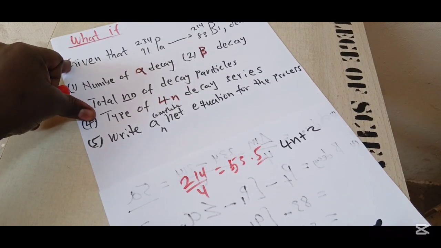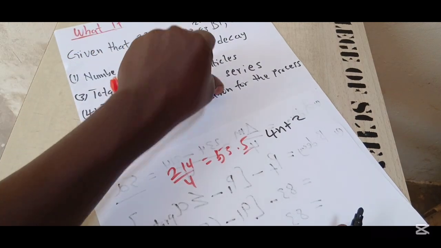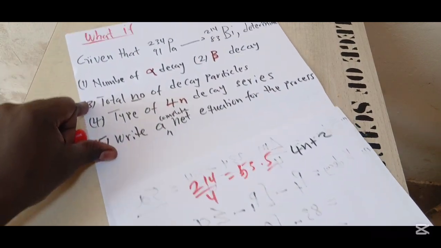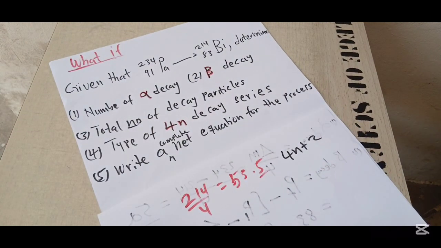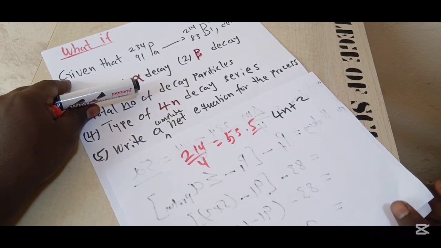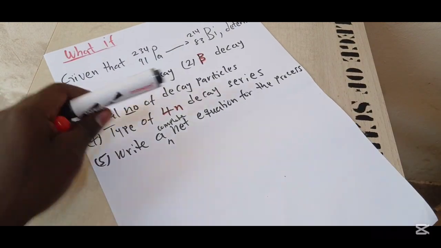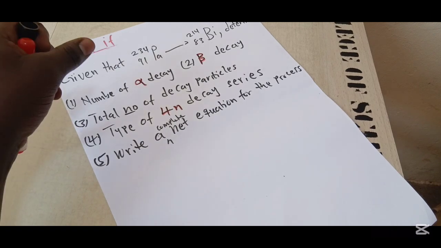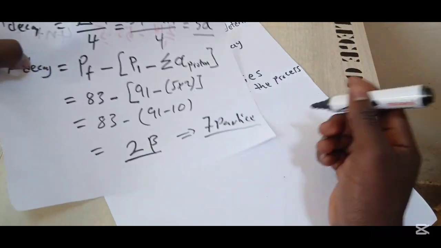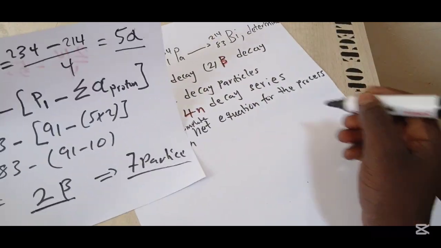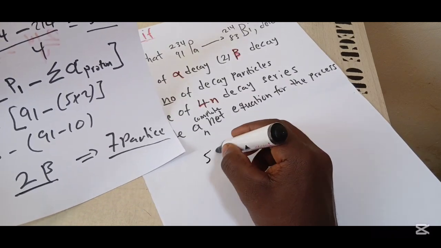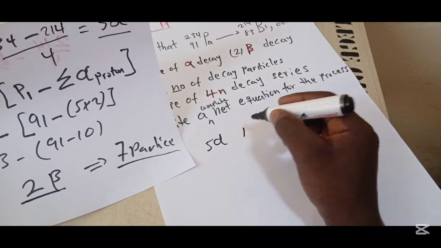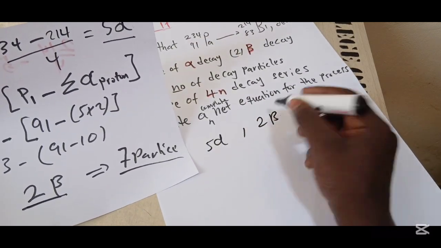Question 5 says we should write the net equation for this process. To write the net equation, we know the total number of alpha particles and beta particles emitted. How many alpha particles did we get? We got 5 alpha particles, and we also got 2 beta particles.